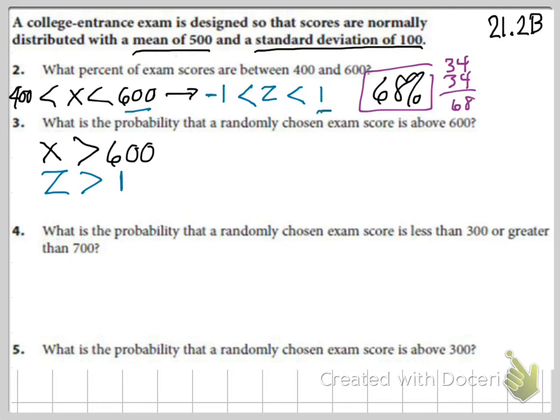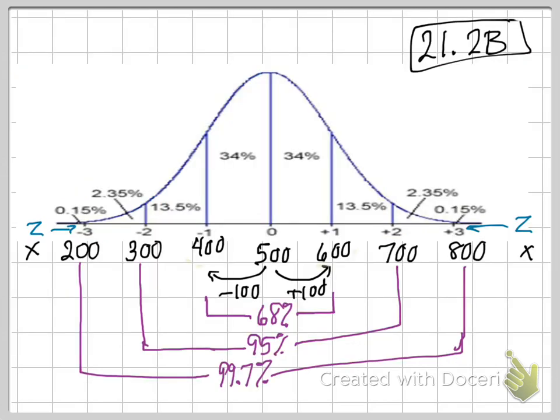So z greater than 1. We'll confirm that over here on our curve. 600 right here at positive 1. So what's above that? 13.5, 2.35, 0.15. We just need to add those three things up.